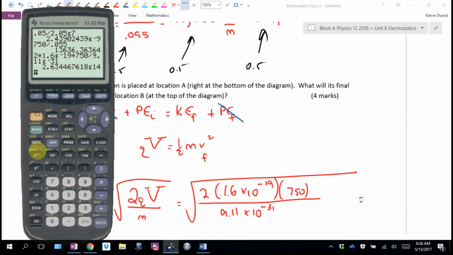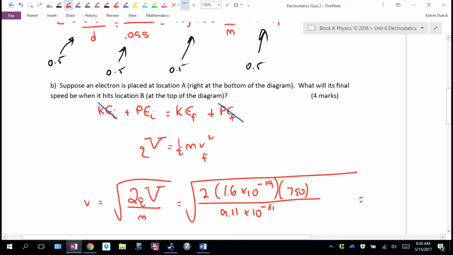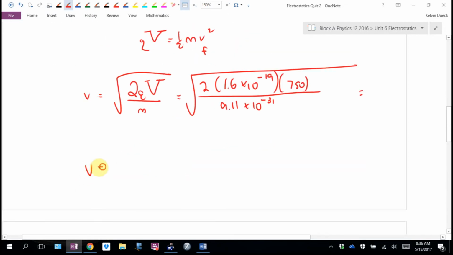And then square root of that. Do you get 1.62 times 10 to the 7th? v equals 1.62 times 10 to the 7th meters per second.